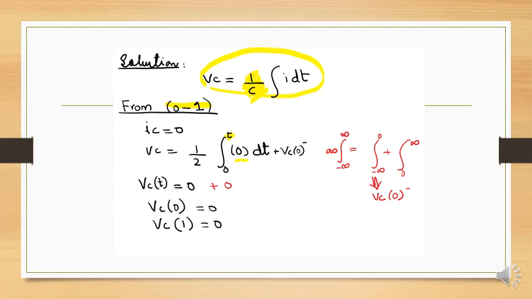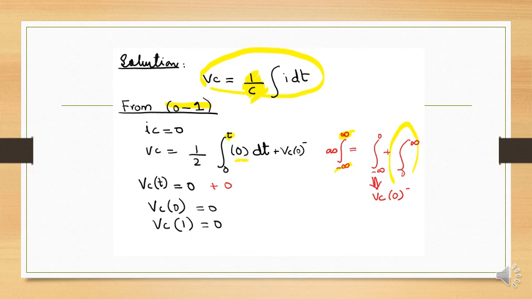As we know, the integral from minus infinity to infinity is divided into minus infinity to 0 and 0 to infinity. This 0 to infinity is this 0 to t, and the minus infinity to 0 part is the initial condition.